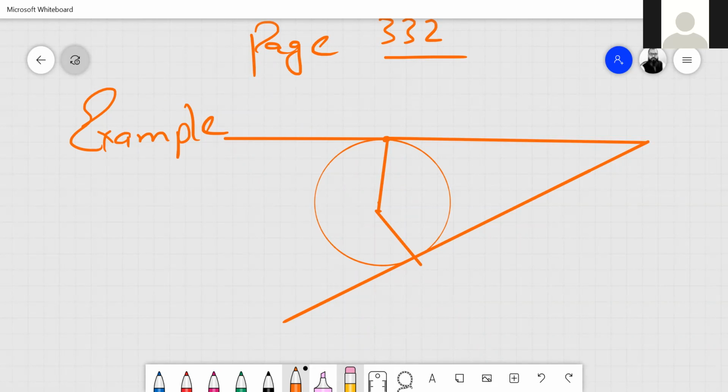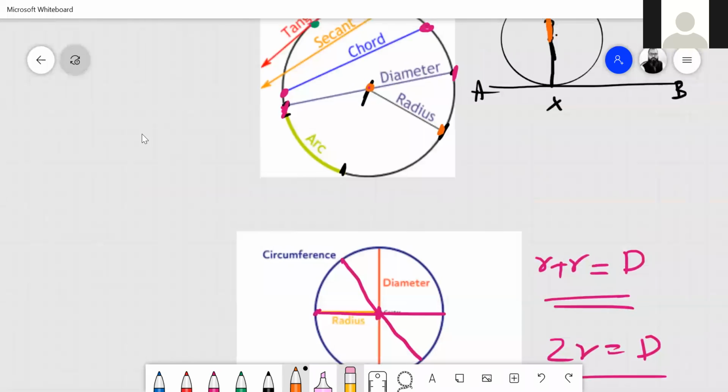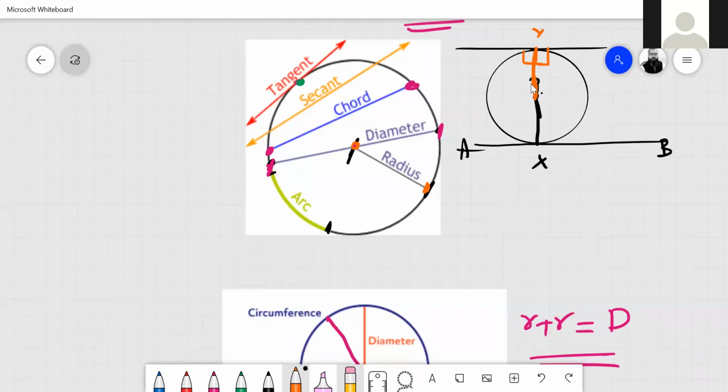Here is the angle 90 degrees and here the angle is 90 degrees. The angles at A and B will be right angles. Why? You can see here the angle on the tangent is 90 degrees.